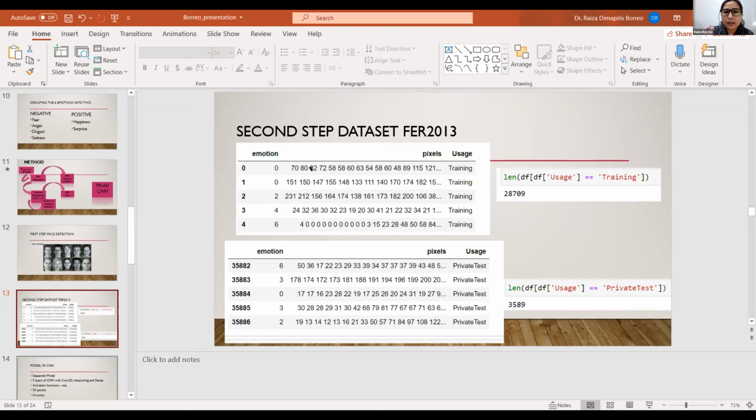And then these photos are categorized as per use, whether they will be used for training or for testing. A total of 20,709 photos are used for training, and 3,589 photos for testing.